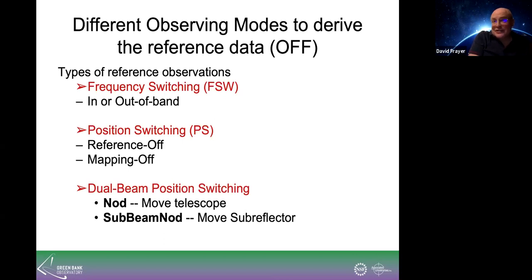You can't move the telescope super quick, so we have this other mode called subbeam nod, which actually moves the subreflector. You can move the subreflector quicker. The subreflector can nod about every 4.5 seconds. This is the maximum nodding speed, but it's roughly every 5 seconds. The idea is you move the subreflector to move the source from one beam to the other beam.